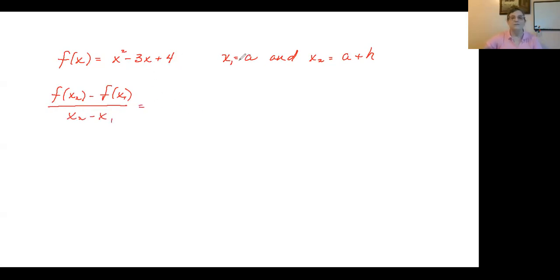Well, we can still simplify this. F of x1 is going to be f of a. And since there's no numbers to plug in, it's just going to become a squared minus 3a plus 4.